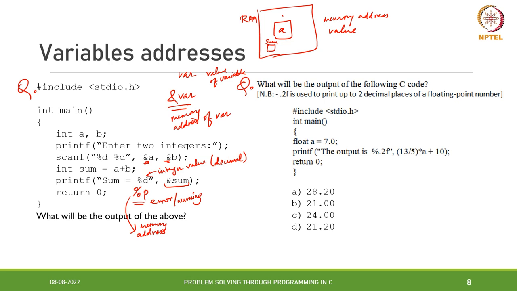So 13 by 5. How much is 13 by 5? 2.6, right? So every one of you has answered option A. Okay, so what if I say the answer is not option A? What would you think would be the next logical answer?